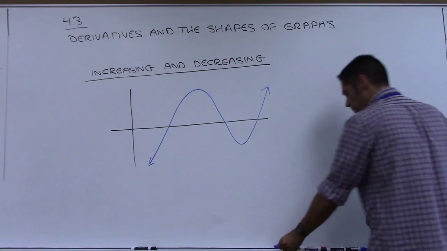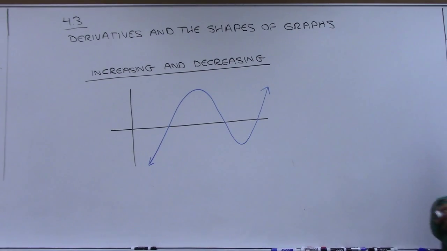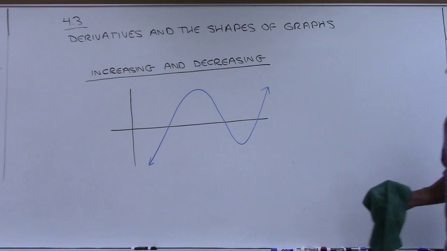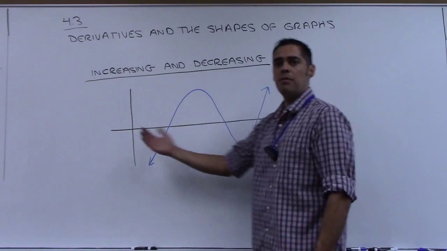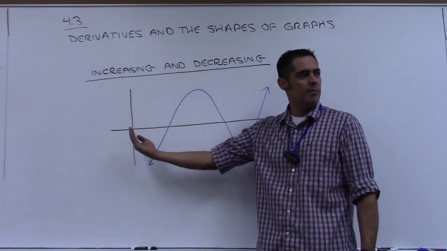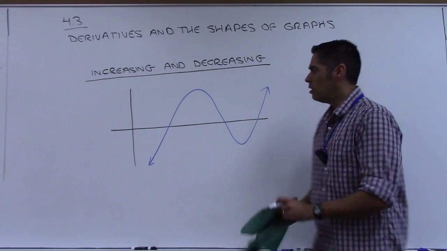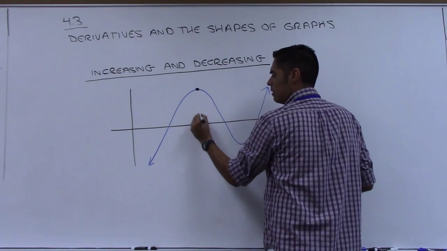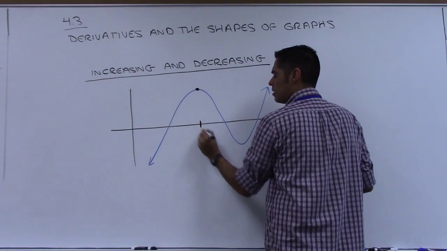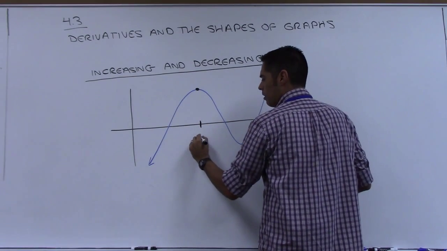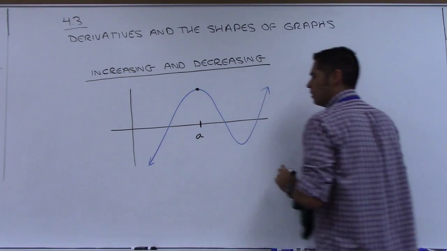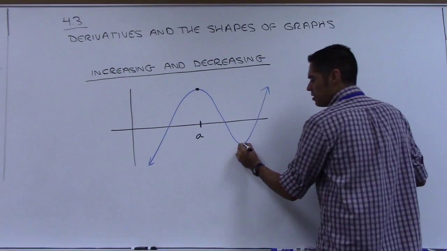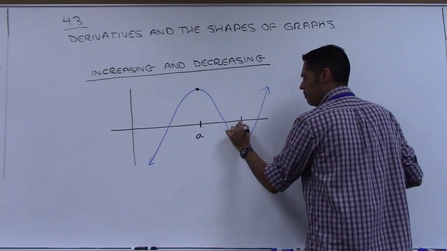This function is increasing anywhere it's going up as we look at it like we read a book from left to right. Let me call that point A, and then this lowest point here, I'm going to call that B.